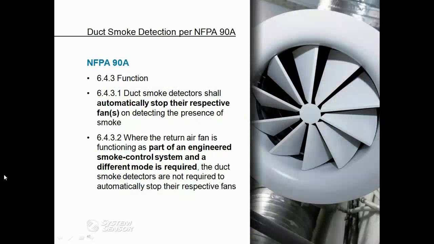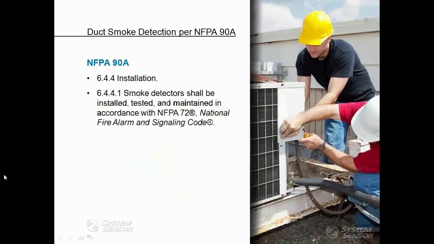So in cases where the fan is part of a smoke control system, the system may be engineered in such a manner that the fan could assist in exhausting smoke out of the building instead of spreading it through the building. In that case, you would not want to be required to shut off that fan because it's helping the situation with the smoke that's present.